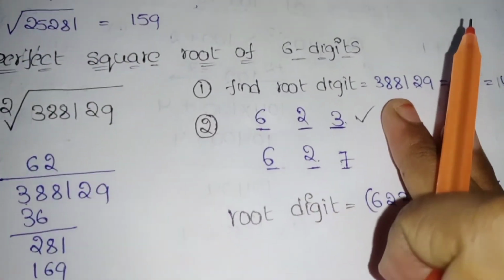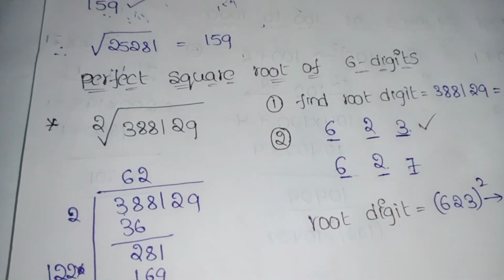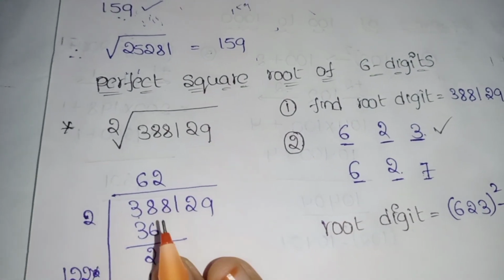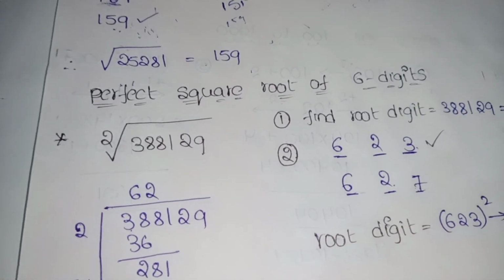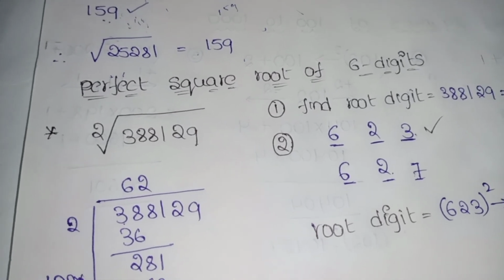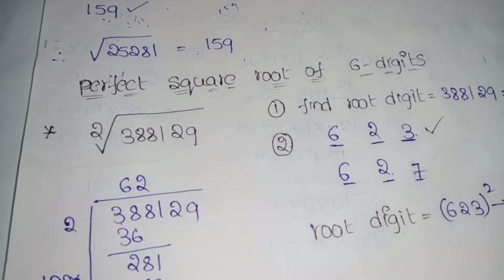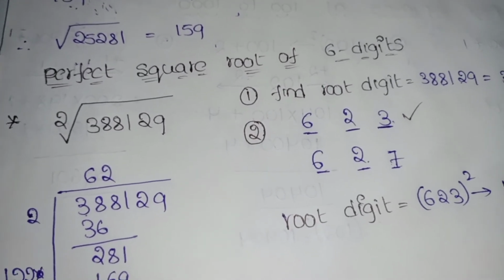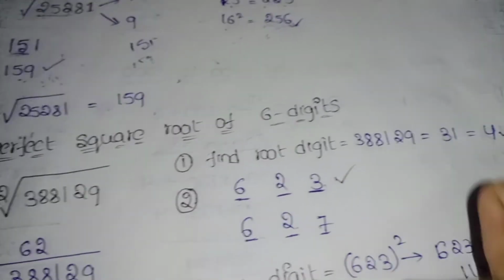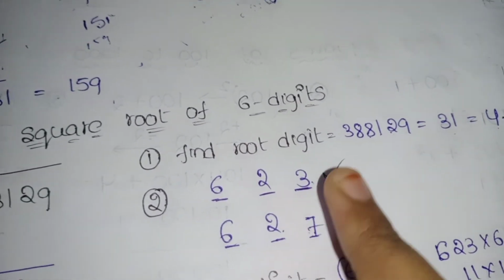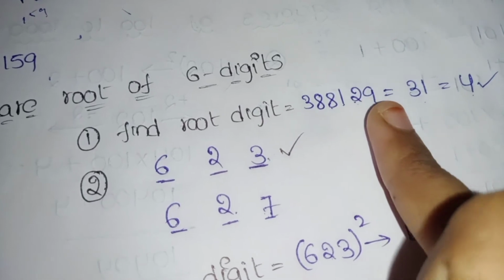And the second step? The second step is the traditional method. We know the traditional method for 3 and 4 digits, for getting the perfect square root. Before that, look at 3, 8, 8, 1, 2, 9.